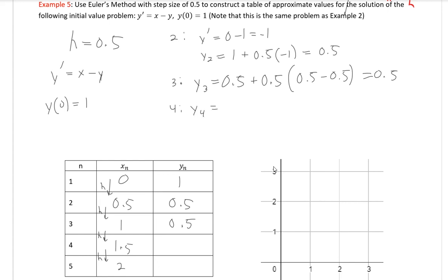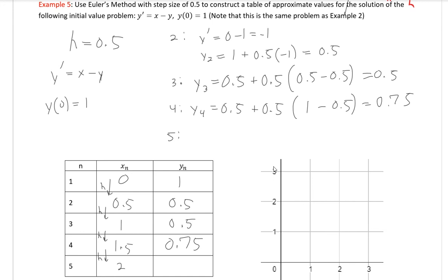The fourth point, okay, take our previous coordinates, so y is 0.5 yet again, plus our step, times x minus y, where x and y are our previous coordinates, so 1 minus 0.5. So we get 0.5 times 0.5 is 0.25, plus the original 0.5 is 0.75. Okay, so we've changed.